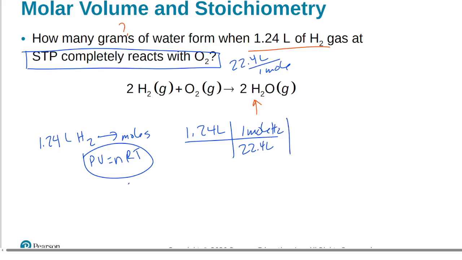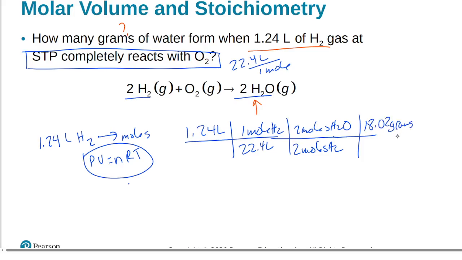of H2. Now we can use our balanced equation. 2 moles of H2 gives us 2 moles of water from our balanced equation, right? And we were asked to find grams of water. So water is 18.02 grams if you add it up from the periodic table per mole. And then we can find the grams of water. So I didn't do this one in advance.